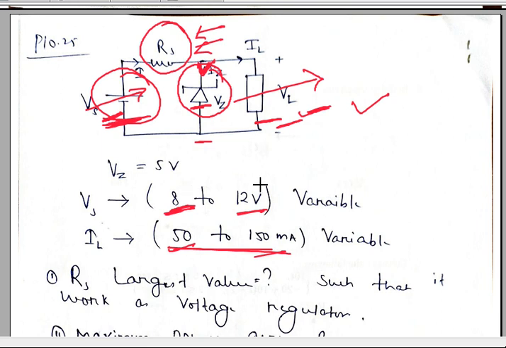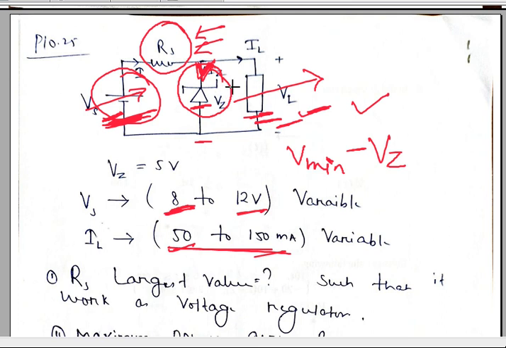Let's write down the equation in the first worst possible case. I am considering the source as minimum and the load current as maximum, and the current through the Zener diode should be more than its minimum value. So let's write down the equation for the Zener diode current. I am writing V minimum minus Vz. Why Vz?